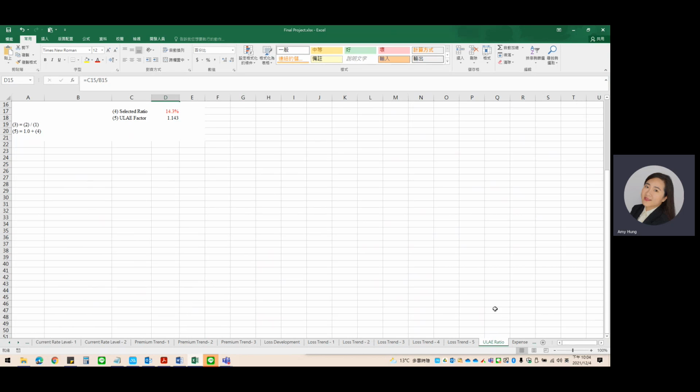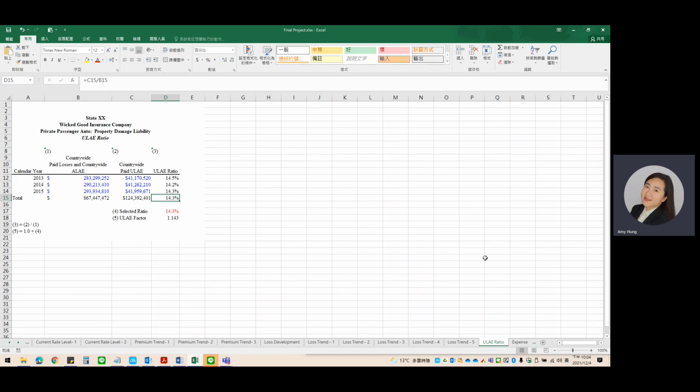Next is the ULAE ratio. This sheet shows the determination of the ULAE factor based on the historical relationship of paid ULAE to paid losses and ALAE.